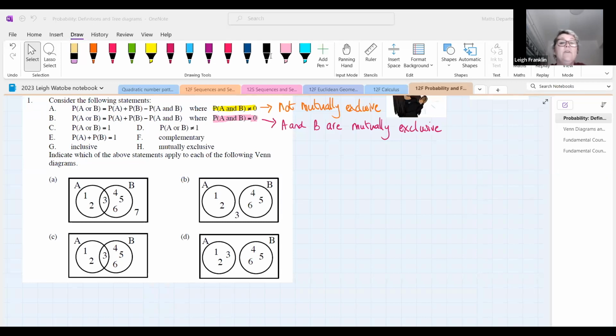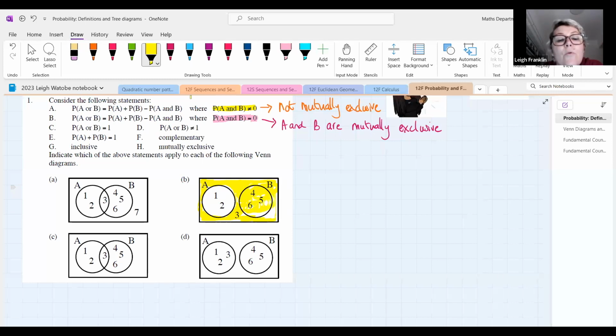So if we have a look at diagram B, everything that isn't A would mean that we would color in all of this.